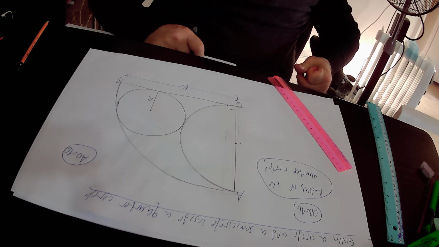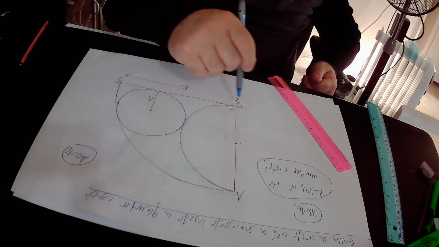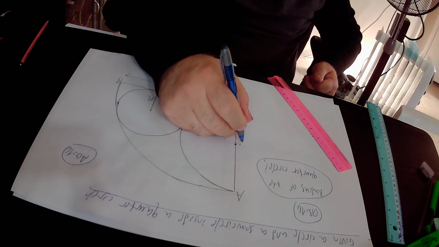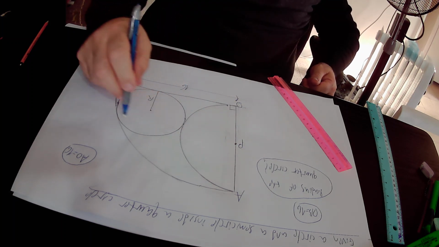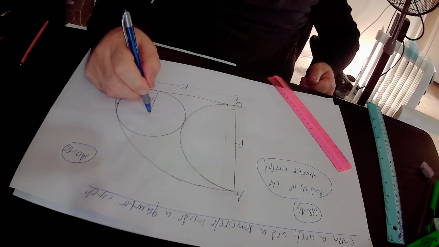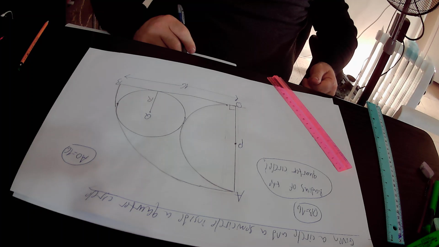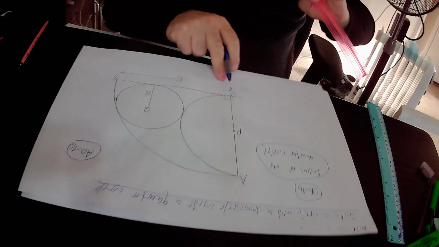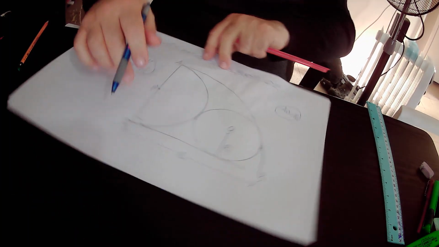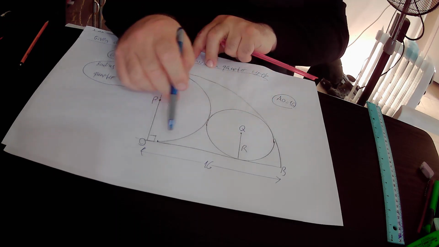And in the next step, we'll define the relevant points to this question with letters. We'll define the center of this semicircle. This point is point P. We'll define the center of this small circle. This point is point Q. We define the point of tangency of tangent OB with this circle.